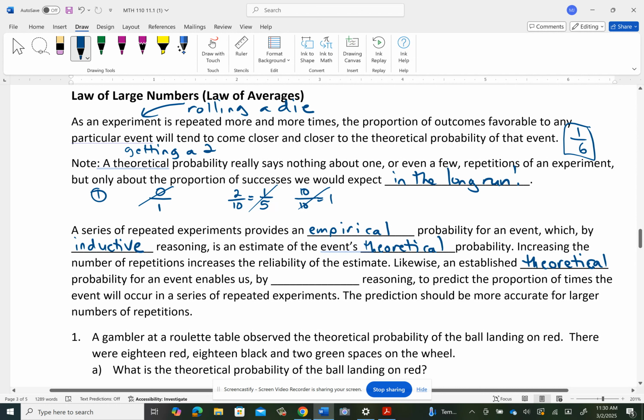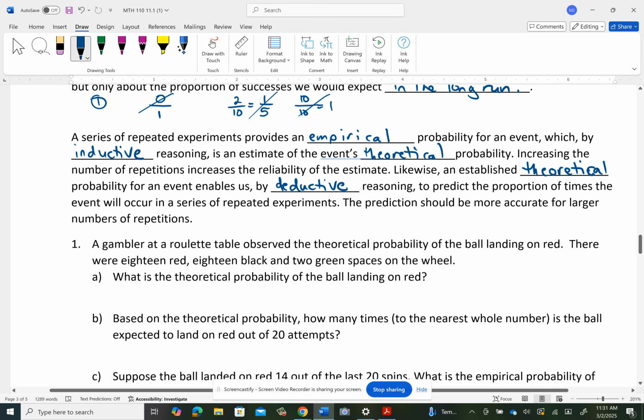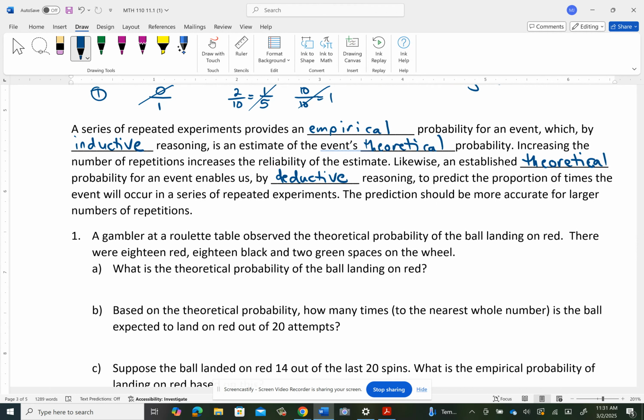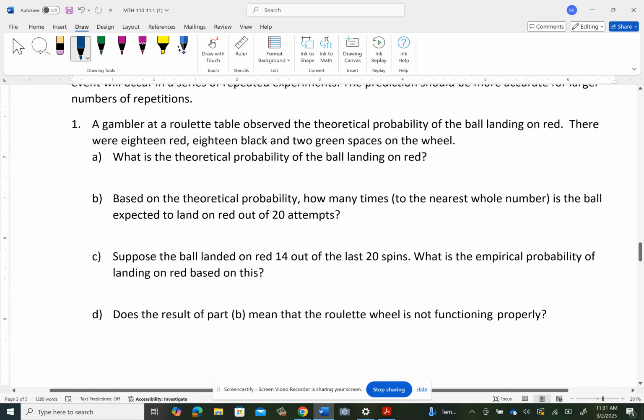An established theoretical probability for an event enables us, by deductive reasoning, that is reasoning from something known, to predict how many times you could expect a certain event, like getting a 2, if you rolled the die 20 times. The prediction would be more accurate the more that you perform the experiment.